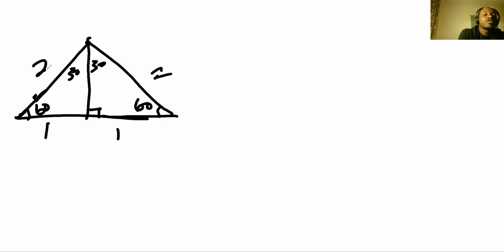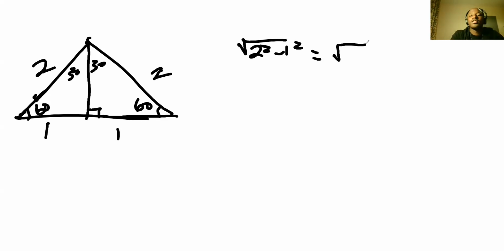So the height of this triangle, of course, will be the square root of 2 squared minus 1 squared, which is the square root of 4 minus 1, square root of 3. So this will be root 3.